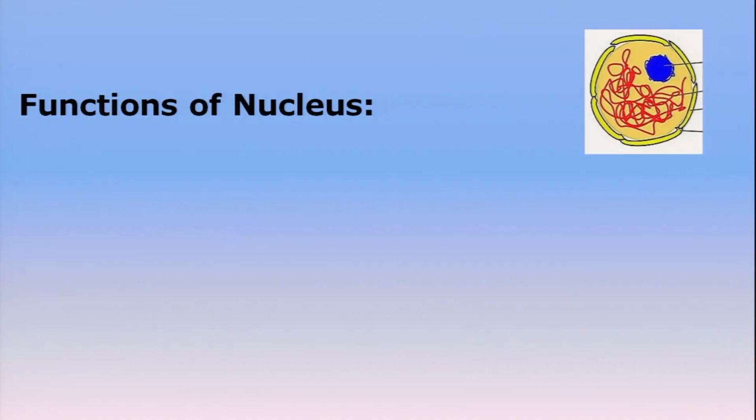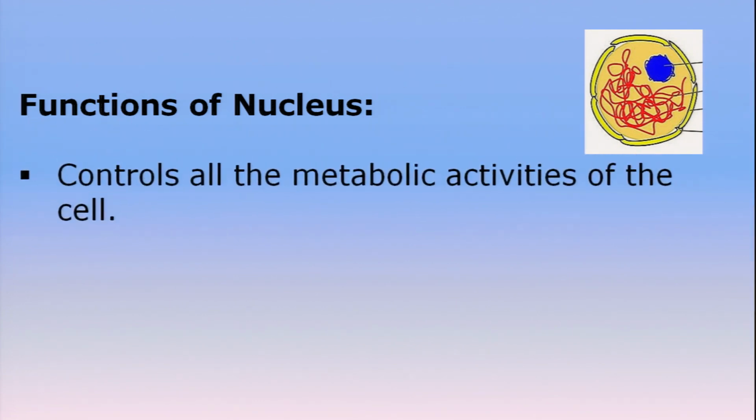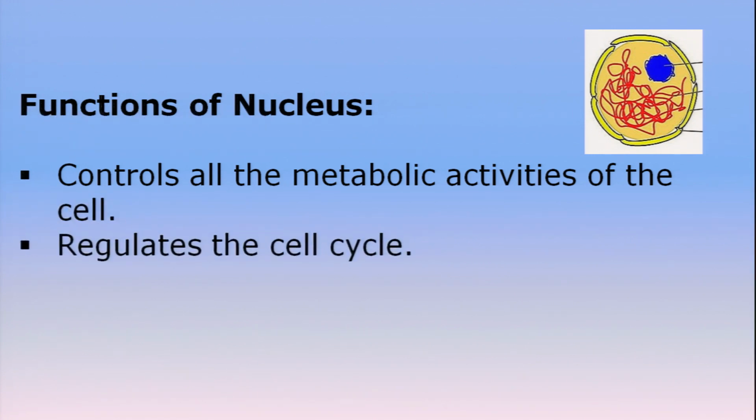Now, see what are the functions of nucleus. As I said, nucleus controls all the metabolic activities of the cell with the help of chromatin material or chromosomes. Then, nucleus regulates the cell cycle. What is cell cycle? As I said, cells keep dividing and forming new cells, and this is called cell cycle, and nucleus controls cell cycle.